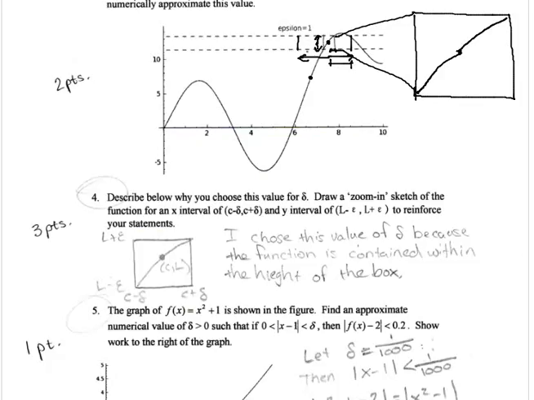So for example, this value right here is a value for the function defined within the range of c minus delta and c plus delta, and it's outside of the allowed values of f of x.